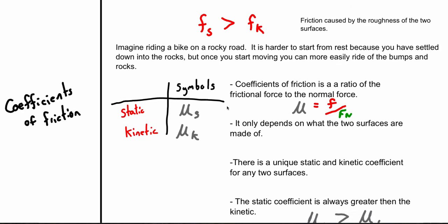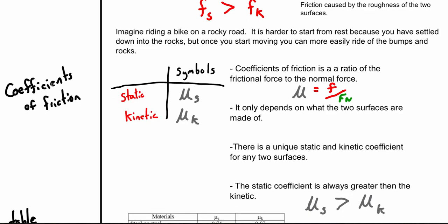So in order to analyze the surfaces now, we need to look at the coefficients of friction. The coefficient of friction is a ratio of the frictional force to the normal force, so this allows us to solve for the coefficient of friction.